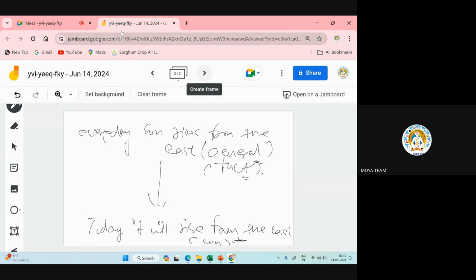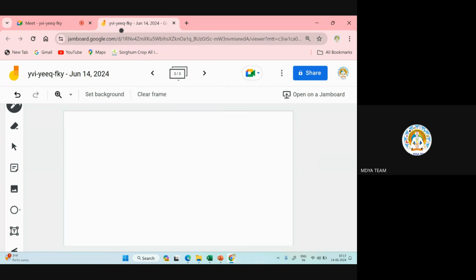Next, one more example. Whenever there are clouds in the night, it rains in the morning.